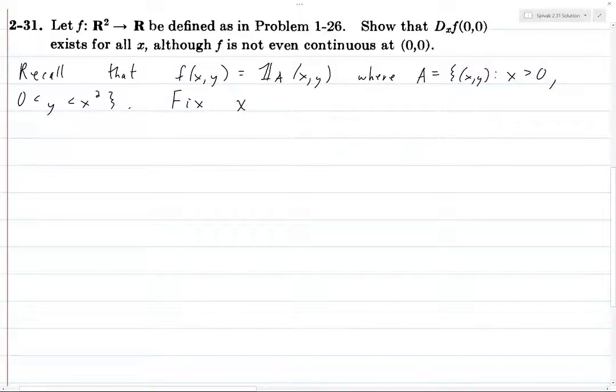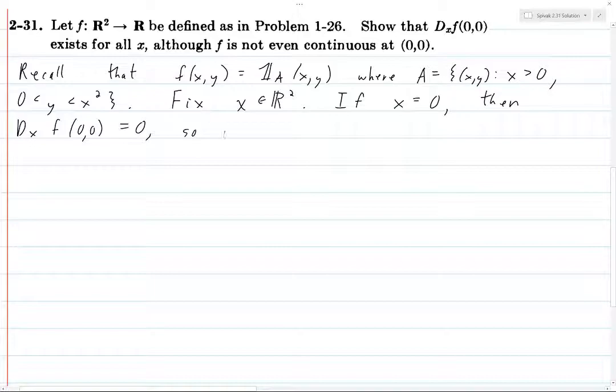fix some vector x in R2. Okay, if x is the 0 vector, then D_x f of 0, 0 equals 0, so it exists.